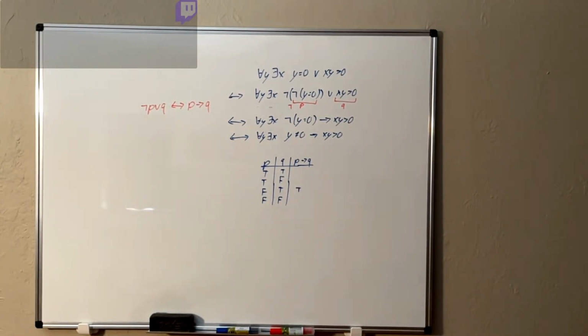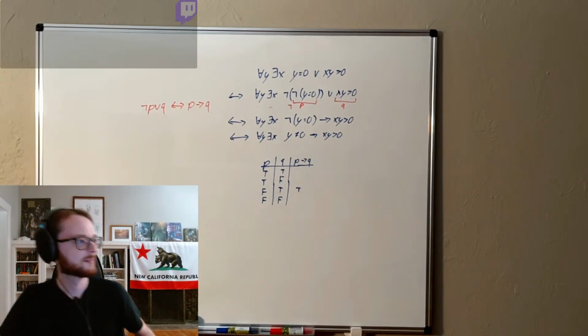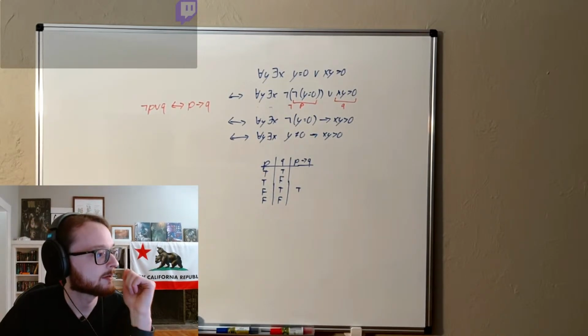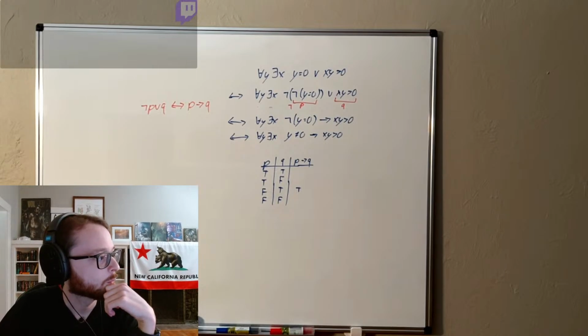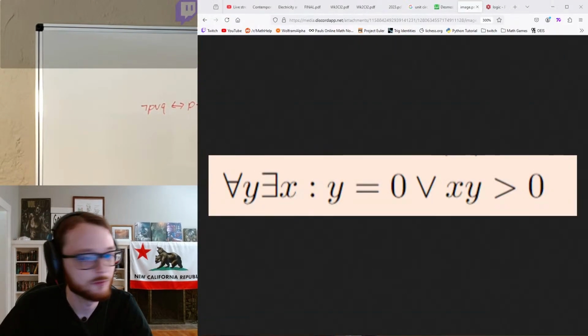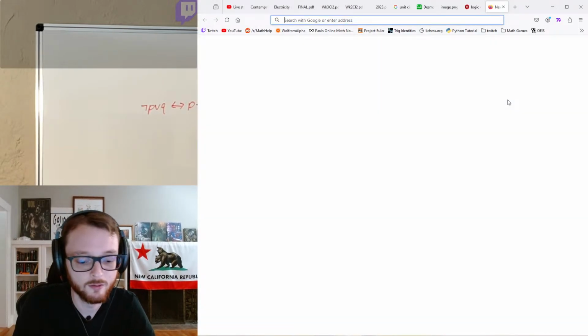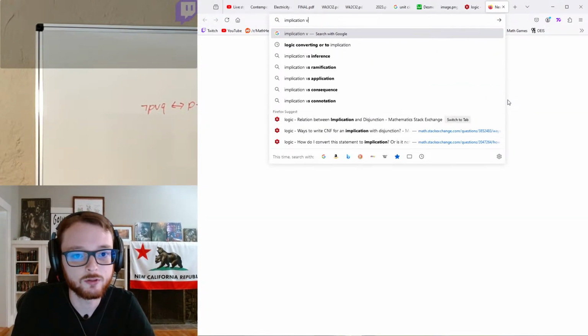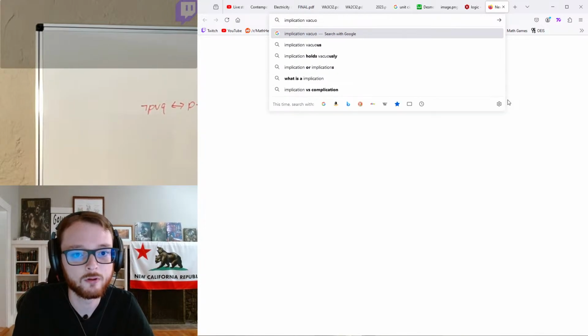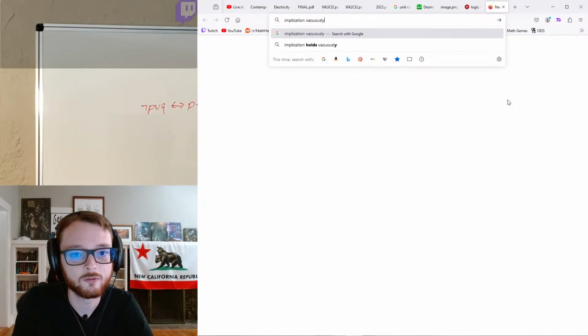But you're right, it doesn't seem to be addressing y equals 0 in the same way. I think it's implicitly still doing that. Implication vacuously true.